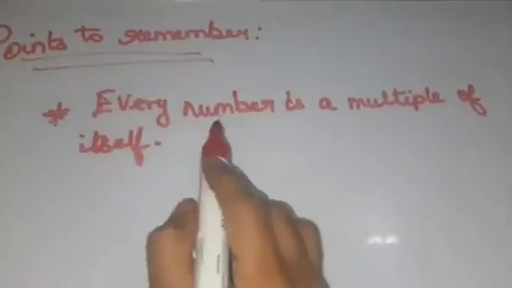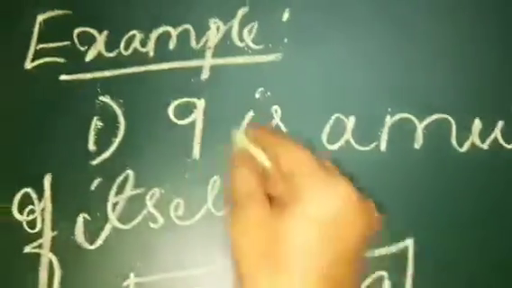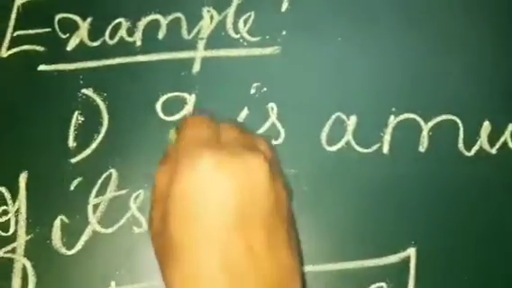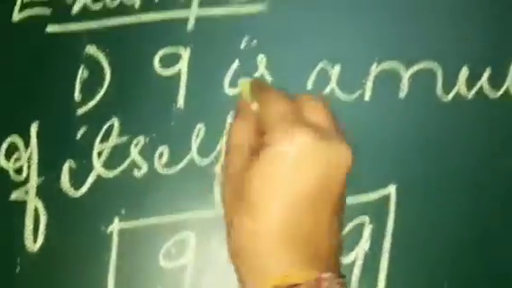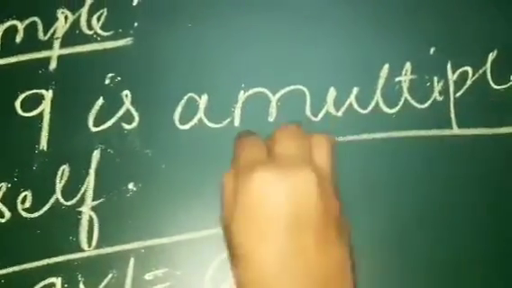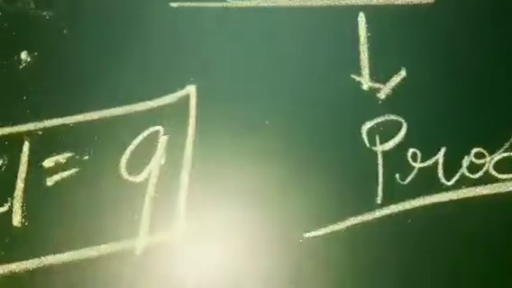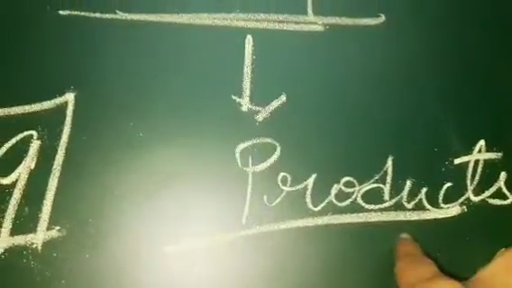Points to remember. Every number is a multiple of itself. Here is an example. 9 is a multiple of itself. Multiple means products.